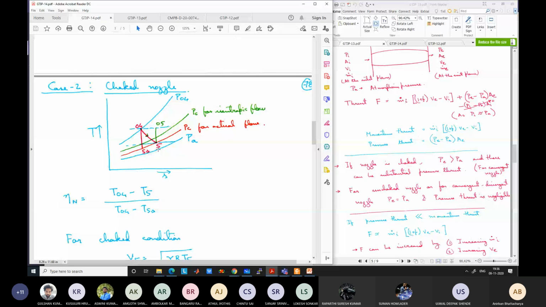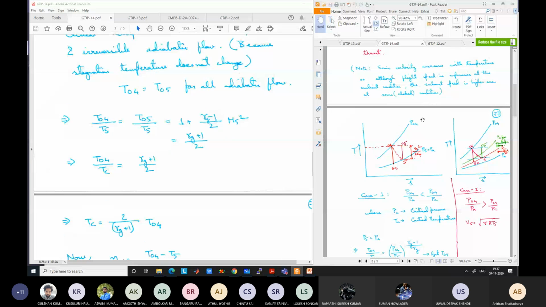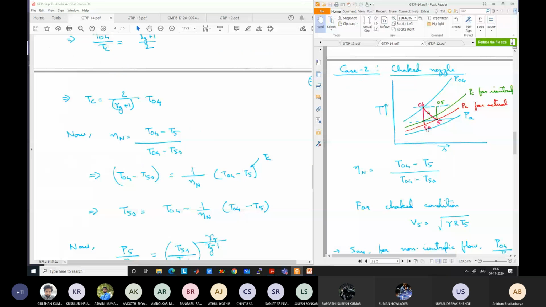I will keep this open here now, the same diagram that we are considering. The efficiency of the nozzle is defined as (T04 minus T5) by (T04 minus T5s). It is always less than or equal to 1. From this you can calculate T5s because T04 is known and T5 we have already calculated, since T5 is the critical temperature.